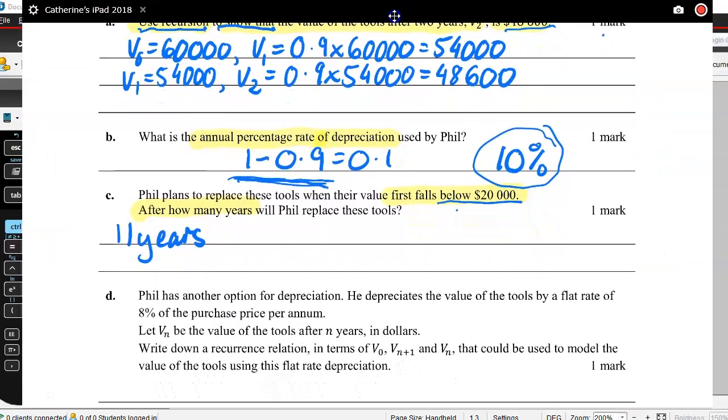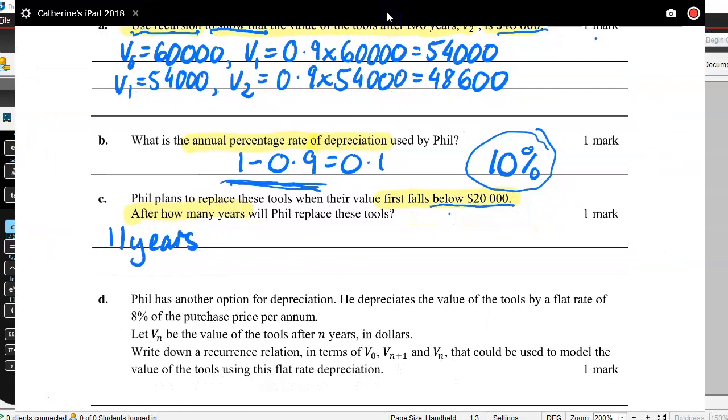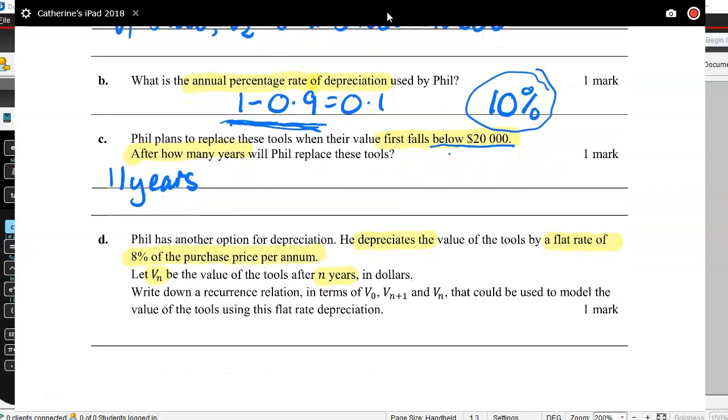Okay, so Phil has one other option for depreciation. He can depreciate the value of the tools by a flat rate of 8% of the purchase price per annum. Let Vn be the value of the tools after n years in dollars.